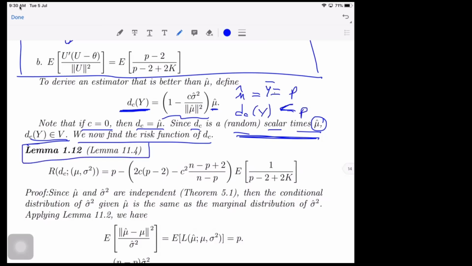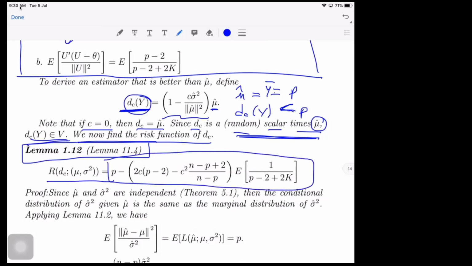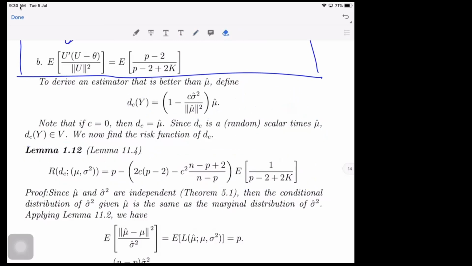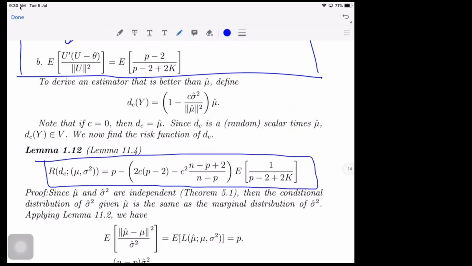So the next lemma tells you that the risk associated when using this estimator will be equal to this term here. So now, can you say by this formula that this is smaller than P? Is this smaller than P? Look at this formula. Is this smaller than P? Yes, ma'am.